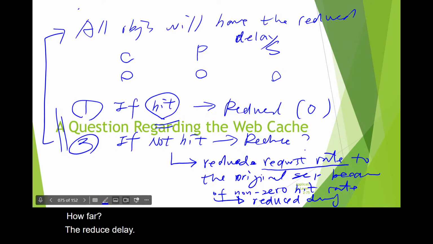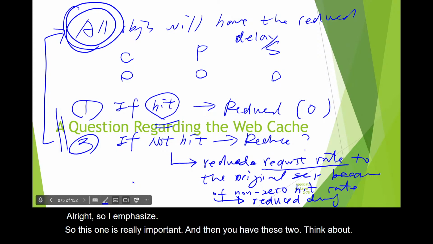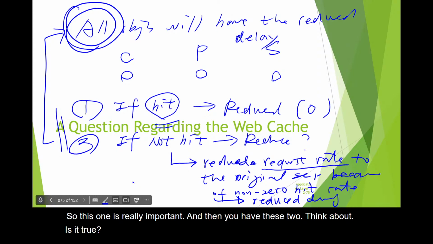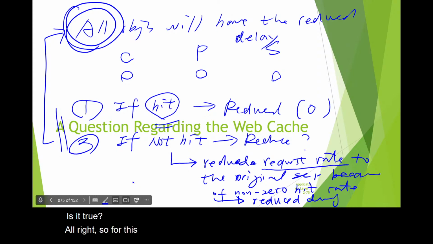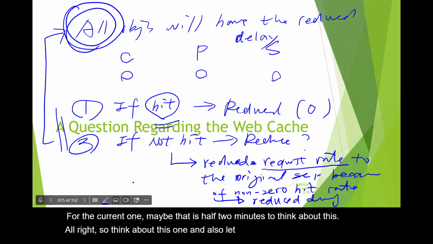All right, so I emphasize all. So this one is really important, and you have this to think about. Is it true? For the current one, maybe you have 2 minutes to think about this. All right, so think about this one, and also let me go to the restroom first.